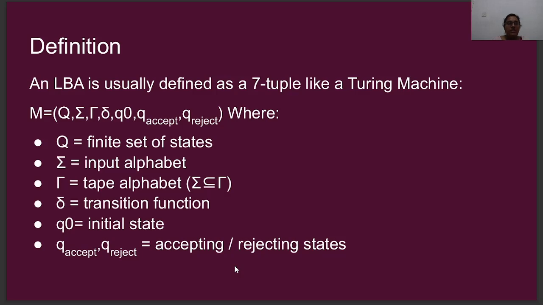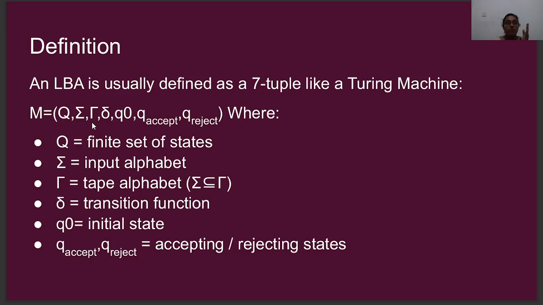Okay, the formal definition of the linear bound automata. We learned just now that an LBA is a subset of the Turing machine. A Turing machine is a 7-tuple, which we will look at later on. Here also we have a 7-tuple where Q is a finite set of states, Sigma is the input alphabet, and Tau is the tape alphabet.